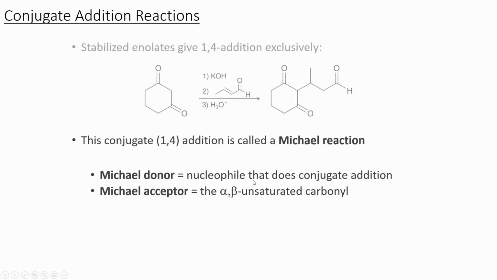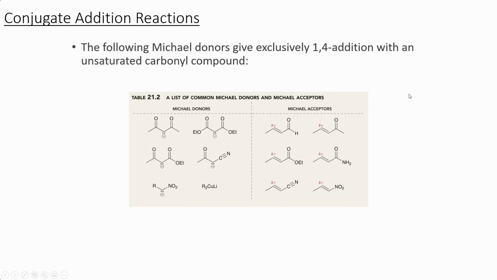So the addition of an enolate to an alpha-beta unsaturated aldehyde or ketone is called a Michael reaction. A Michael donor is going to be a nucleophile that does the conjugate addition, or our enolate, and the Michael acceptor is going to be the alpha-beta unsaturated carbonyl compound that we use. So here is a list of the reagents that can be used for the Michael reaction, a handful of Michael donors.